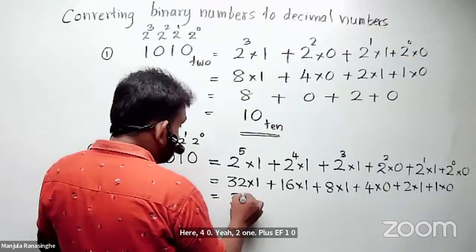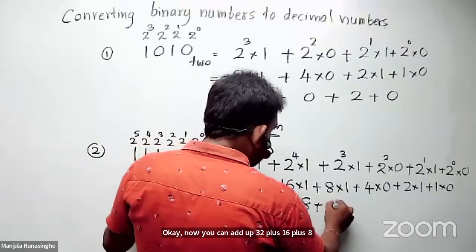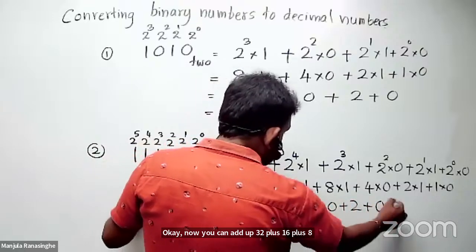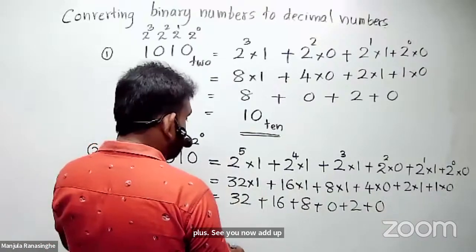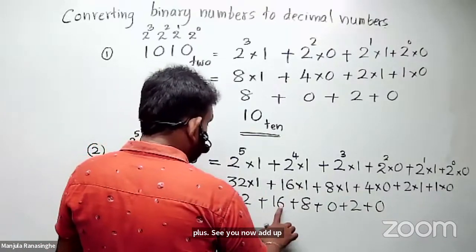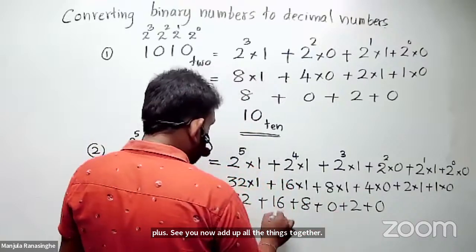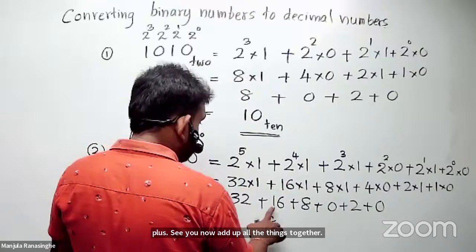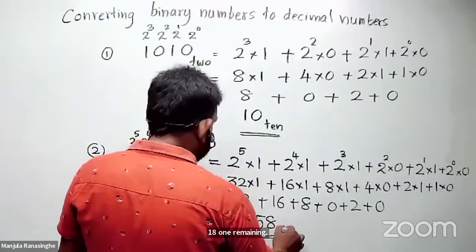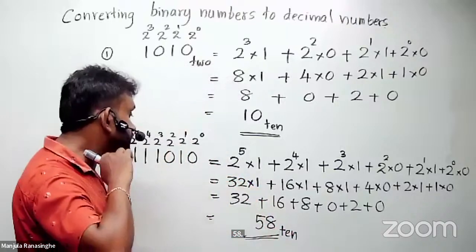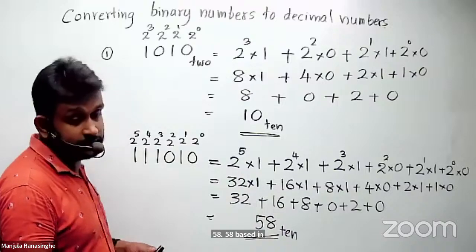Now you can add up 32 plus 16 plus 8 plus 0 plus 2 plus 0. Now add up all the things together. 18 and 1 remaining, that is 58. 58 base 10. Right. Write down.